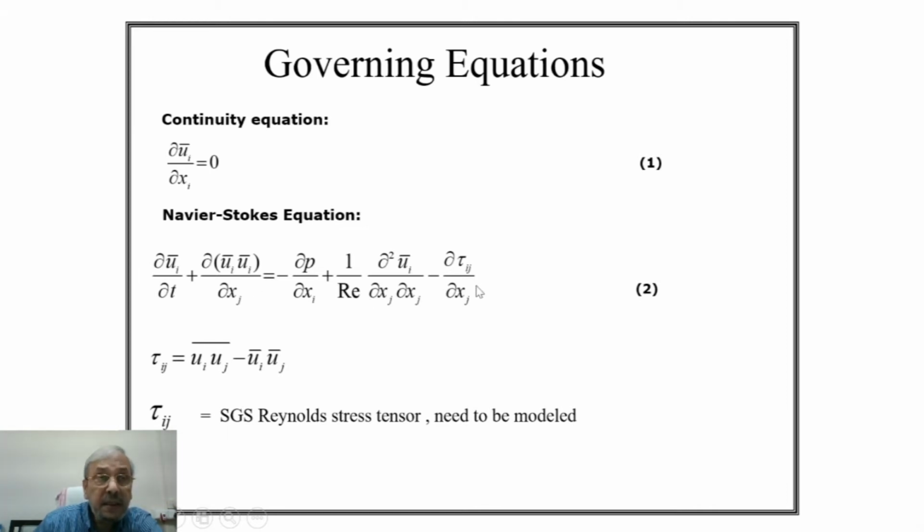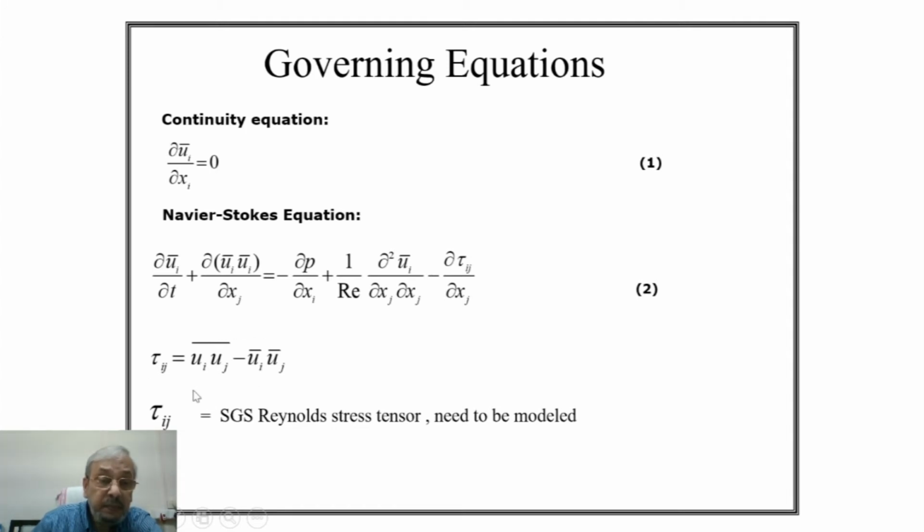It looks like Reynolds equations, but here this bar means filtered quantity. So del ui bar del t plus del xj of ui bar uj bar equals minus del p del xi plus 1 by Re del 2 ui bar del xj del xj minus del xj tau ij. And what is tau ij?